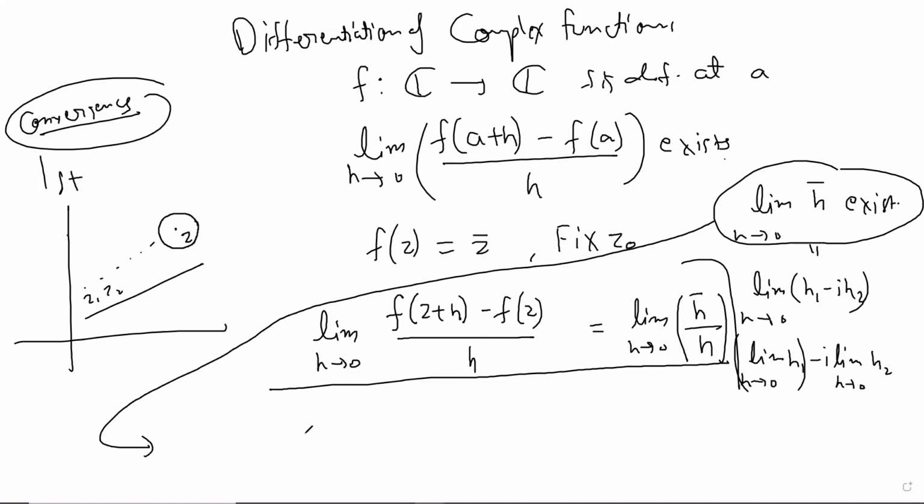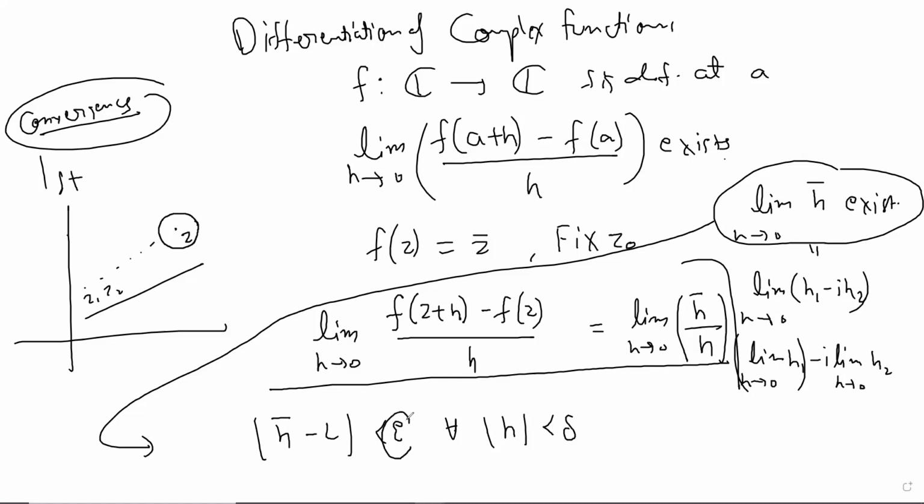If you use the very definition, then what is it? The definition says that given an epsilon, you want this minus the limit to be less than epsilon for all h in a certain delta.